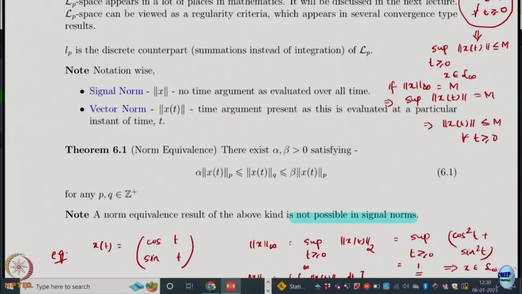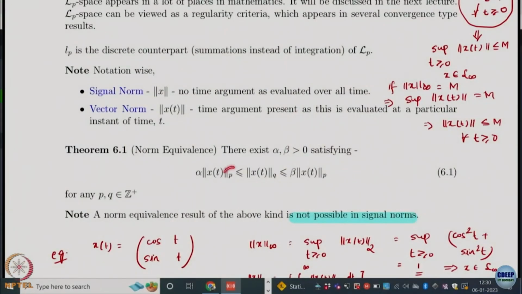The interesting thing to remember is that if you take any two vector norms, there is a property of norm equivalence. What is norm equivalence? It means that your P norm and Q norm are always relatable by constants alpha and beta. For any value of x(t), no matter how big or how small x(t) becomes, the two vector norms are relatable by a constant.